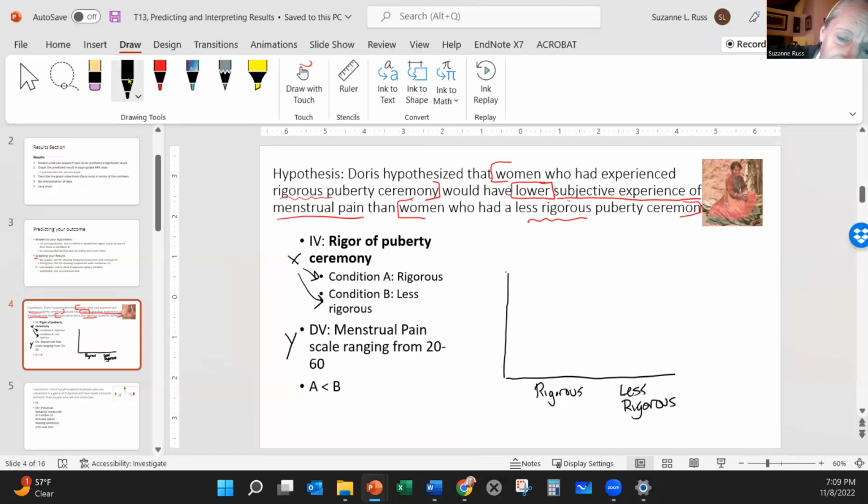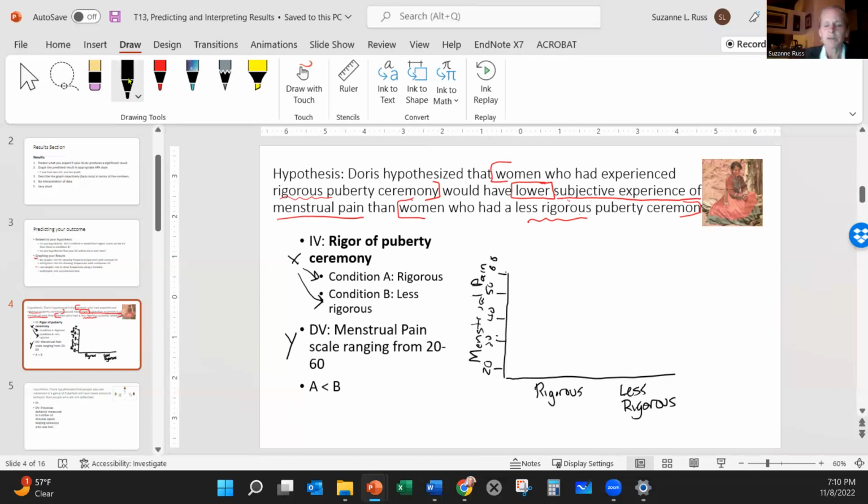So on the y-axis, we're going to write menstrual pain, and we're going to mark our numbers 20 to 60. We'll just mark it in increments. So we'll go 20, 30, try to get these even, 40, 50, 60. And so these are our rates.